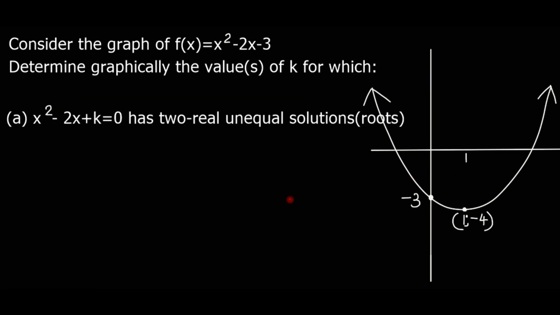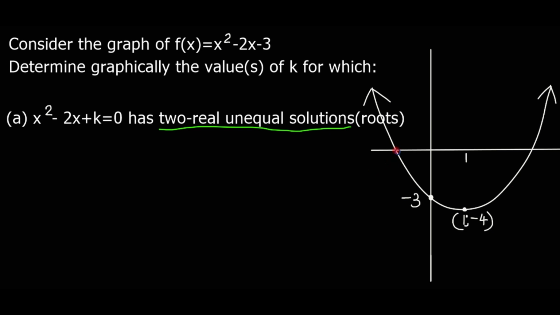Moreover, the same graph but a different question. This one is two real unequal solutions. We know that two real unequal solutions means we want it to have two x-intercepts.